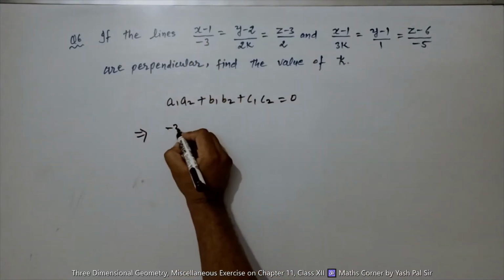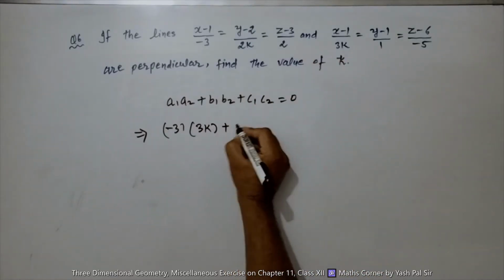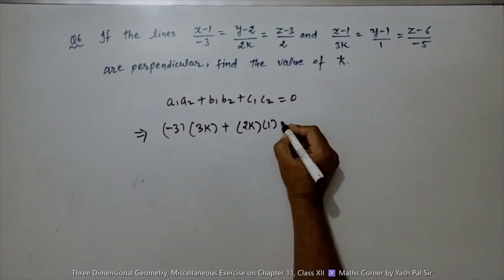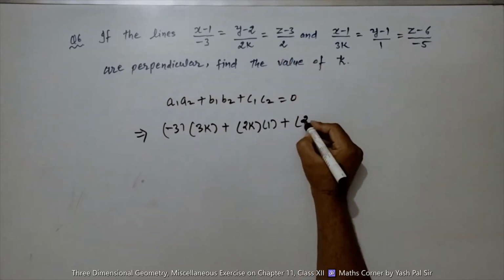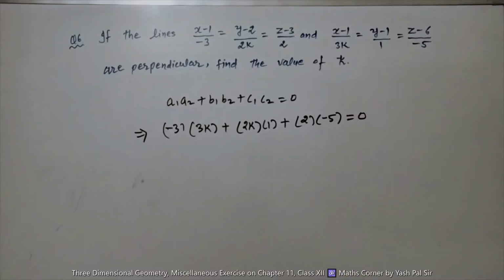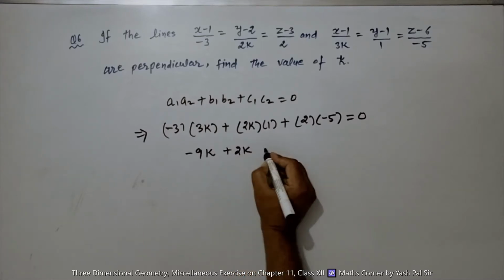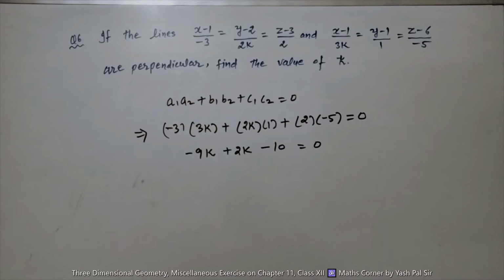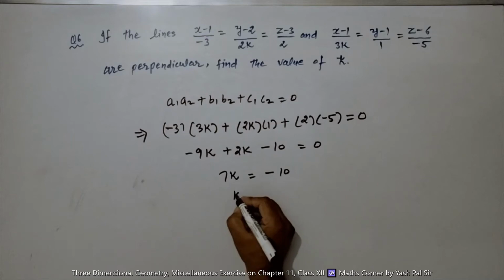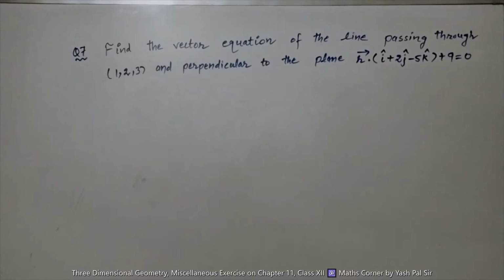So we substitute the values. Minus 3 into 3k plus 2k into 1 plus 2 into minus 5. This should be equal to 0. Multiplying, minus 9k plus 2k minus 10 is equal to 0. That means 7k is equal to minus 10. So the value of k is minus 10 upon 7.